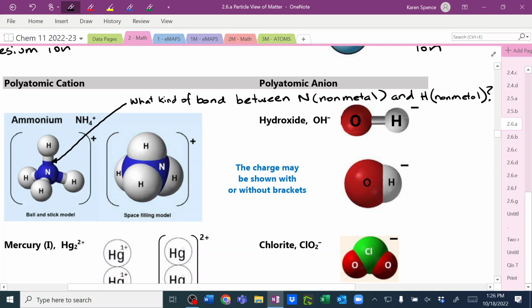What kind of a bond do we have between N, which is a nonmetal, and H, which is a nonmetal?